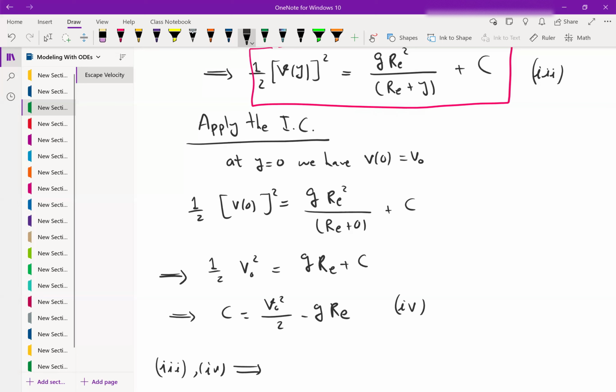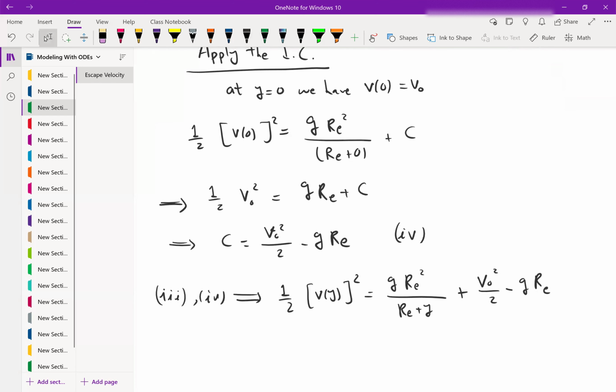So this tells me that 1/2 v of y squared is equal to g re squared divided by re plus y, and then I have to add plus C. I have my C in 4, so it will be plus v0 squared over 2 minus g re, the radius of Earth.